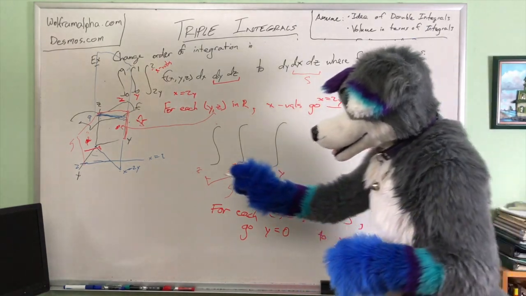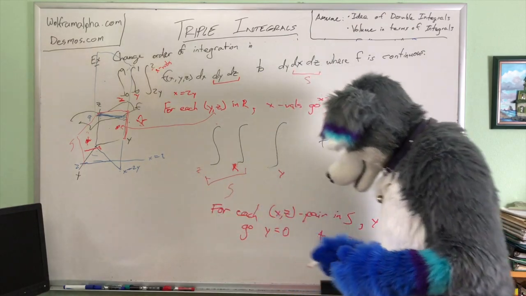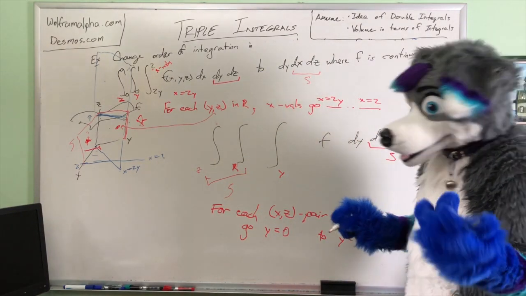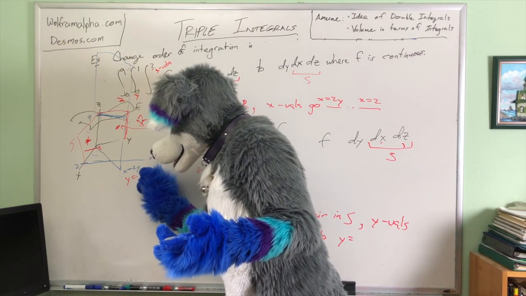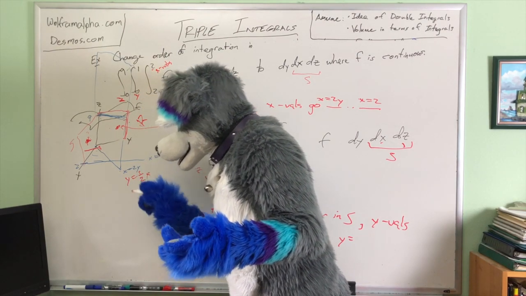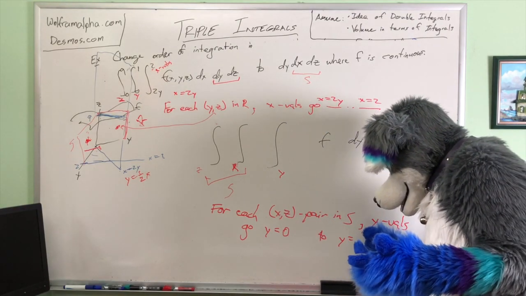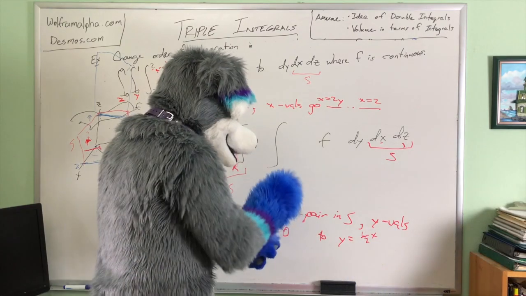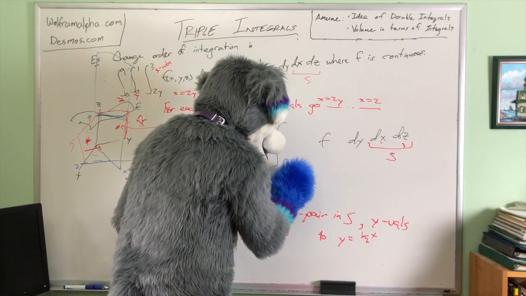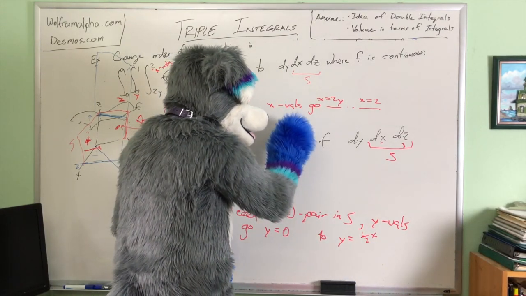What's my wall? Well, my wall is x equals 2y, but I need y equals something. So just solve for y. y equals 1/2 x. So I go up to y equals 1/2 x. So now I can identify this is 0 up to 1/2 x.